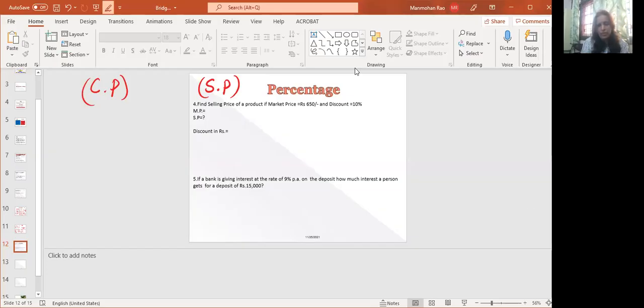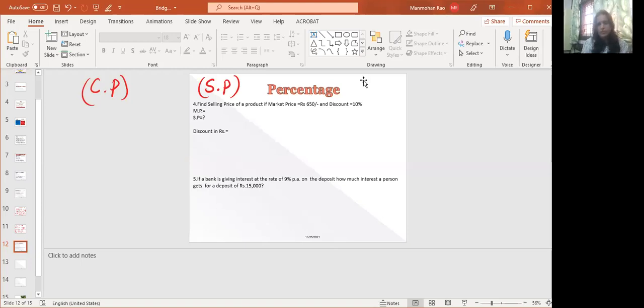And if the market price is 650 and discount is 10%, suppose you want to buy a dress, and there is a discount announced as 10% discount. The shopkeeper will tell you, you'll get the dress for 10% discount. Then you should know whether you can buy the dress or not.